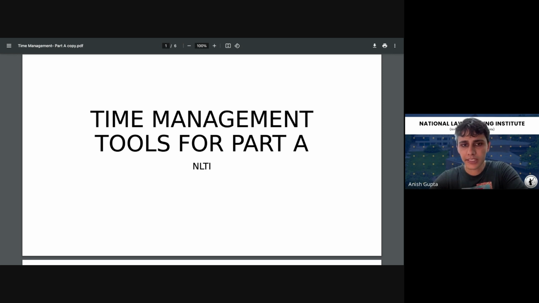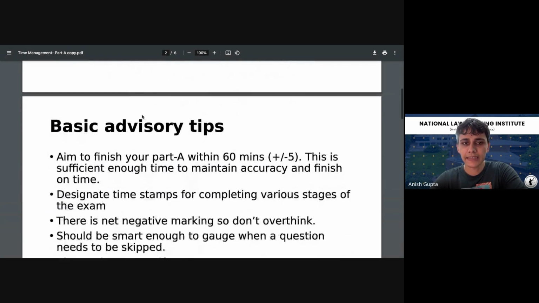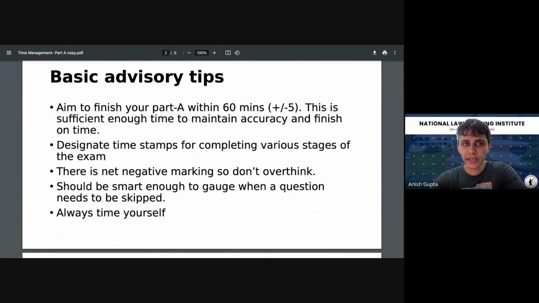Let's start with the basics because the first thing that a lot of students ask is what is an ideal time to finish this paper in, especially if we are speaking of part A. Now, let's keep a very standard benchmark, which we can use for all mocks that you are going to attempt. And you'll also have to accordingly set up that benchmark for your exam as well. Generally, a good time to finish a part A is within 60 minutes, and you can take plus minus 5 minutes.